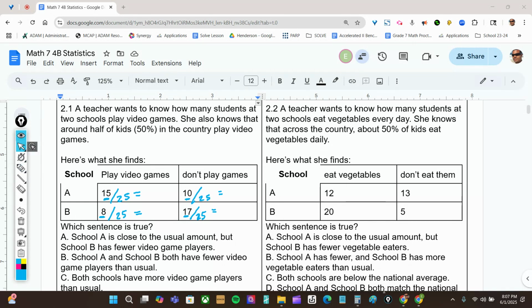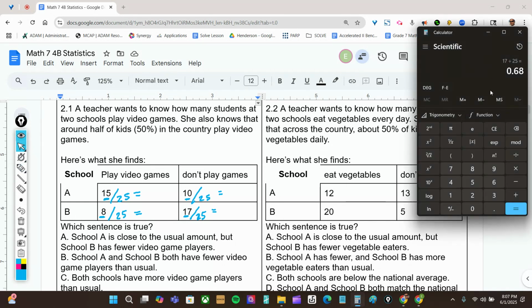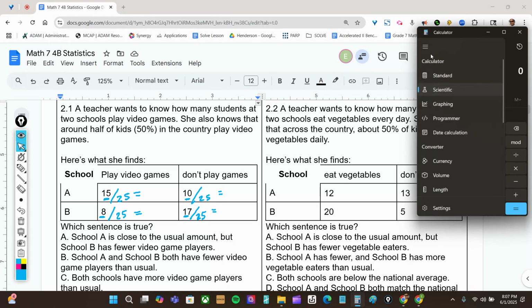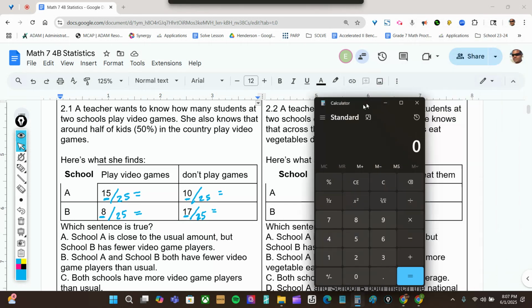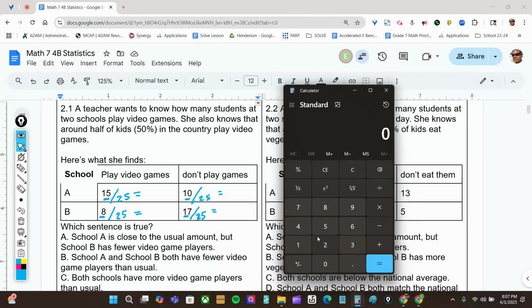So then what we are going to do is clear, and let's just go to standard. 15 divided by 25 equals 60% at school A play video games.